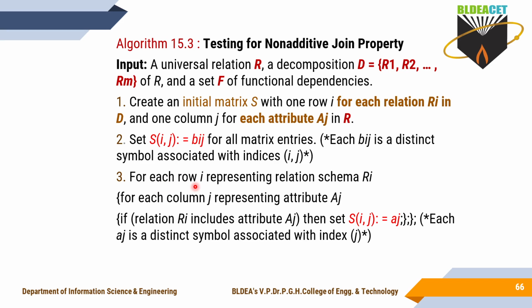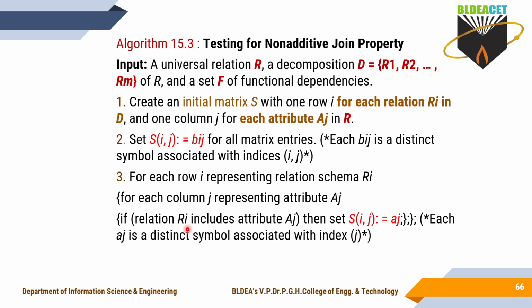Next, for each row i representing relation schema Ri, and for each column j representing attribute Aj: the row is the relation schema and the column is the attribute.